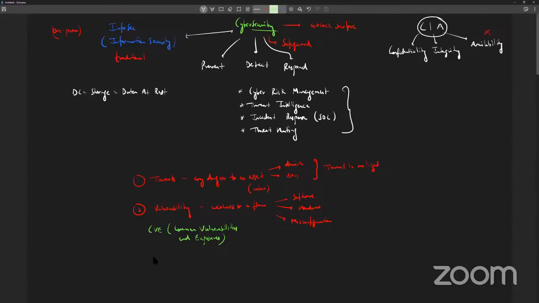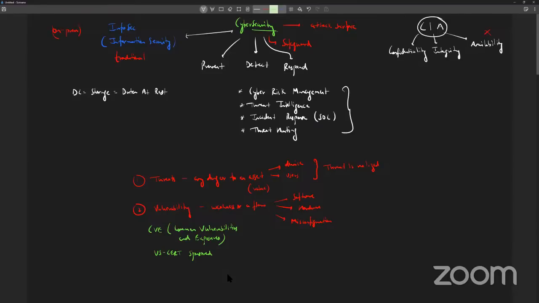This is an industry-wide standard, sponsored and backed by the US CERT organization, which is basically the cybersecurity and communications department within the US Department of Homeland Security.